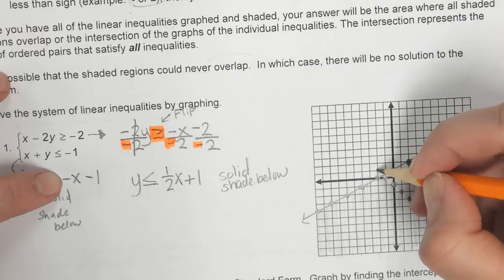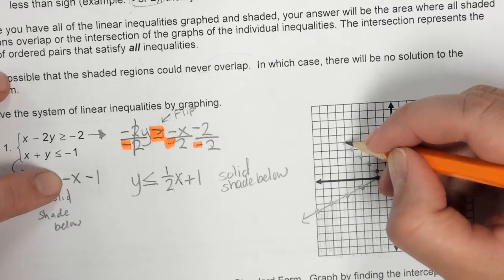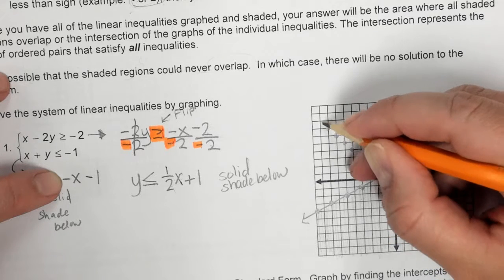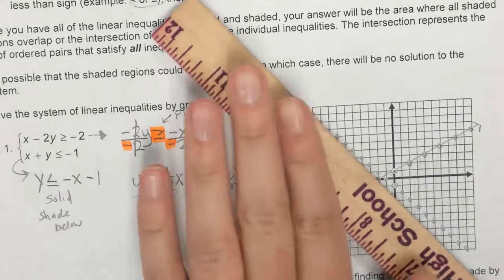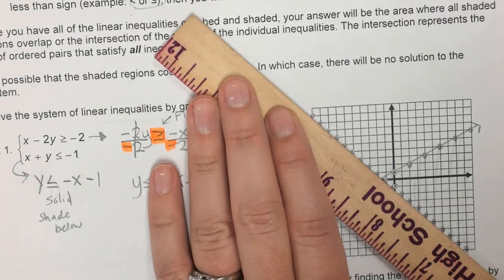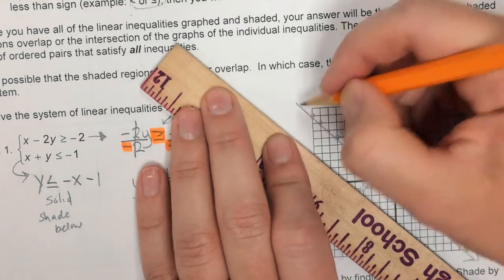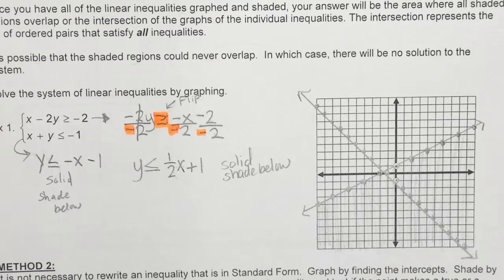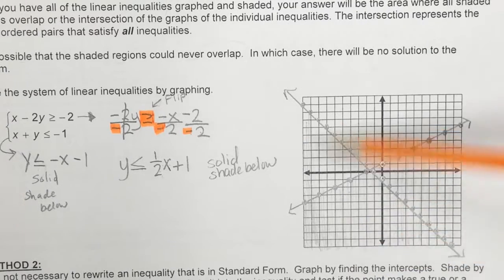Up 1, left 1. Except my line didn't quite hit those points down here. Oops. Alright, shade below. So I'm going to shade below this line.